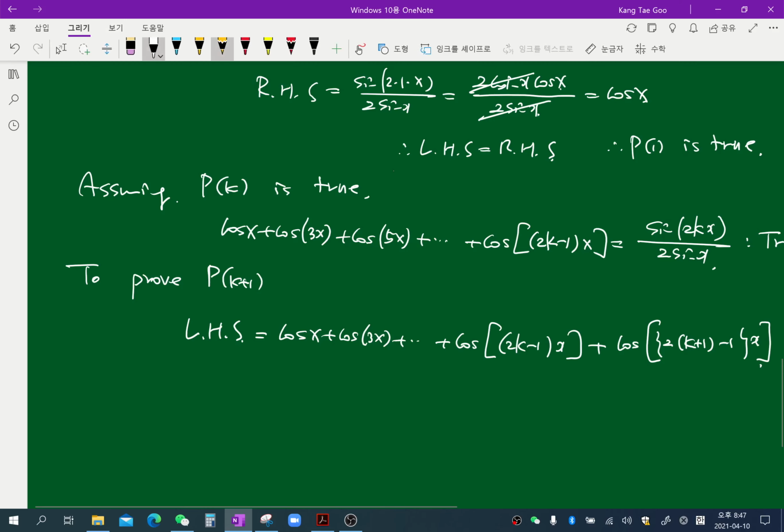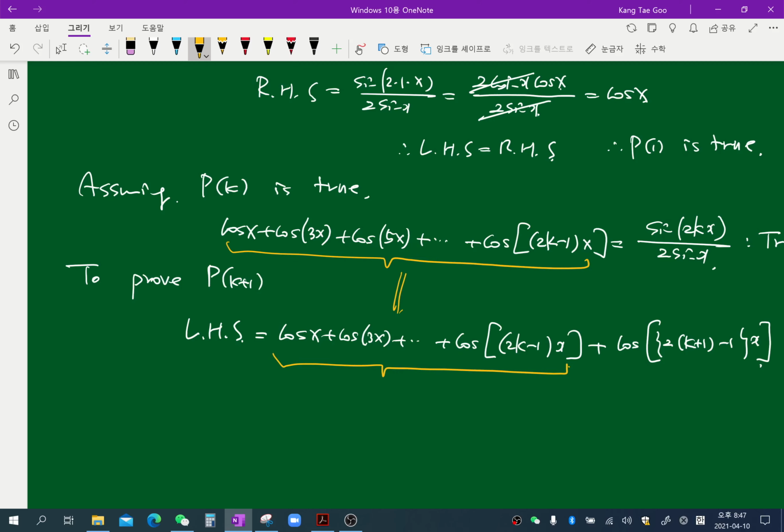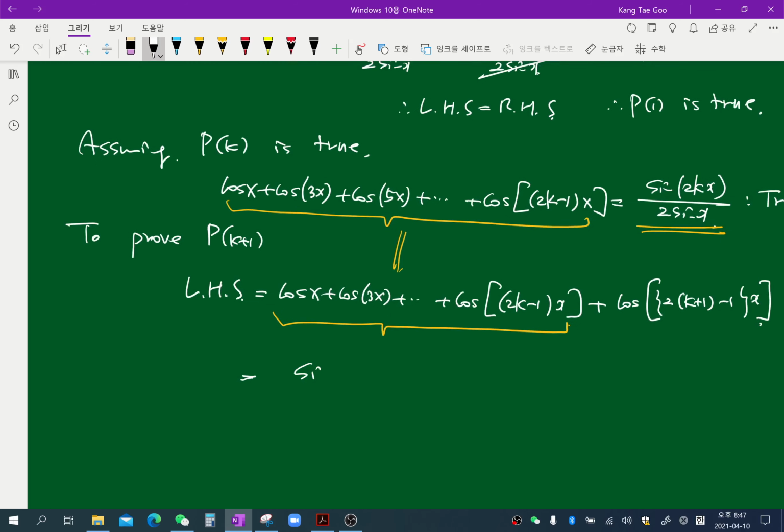And then what we know is up to here is exactly the same as this one, right? So that instead of the left hand side, we just copy the right hand side of our previous assumption, which is sine of 2kx over 2 sine x, and then plus the other term, which is cosine of (2k plus 2 minus 1), which is 2k plus 1, right? 2k plus 1 of x.